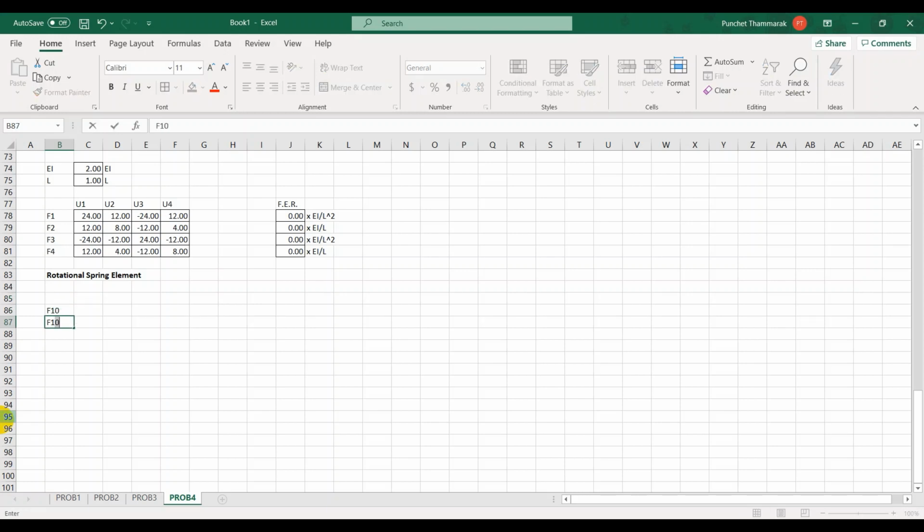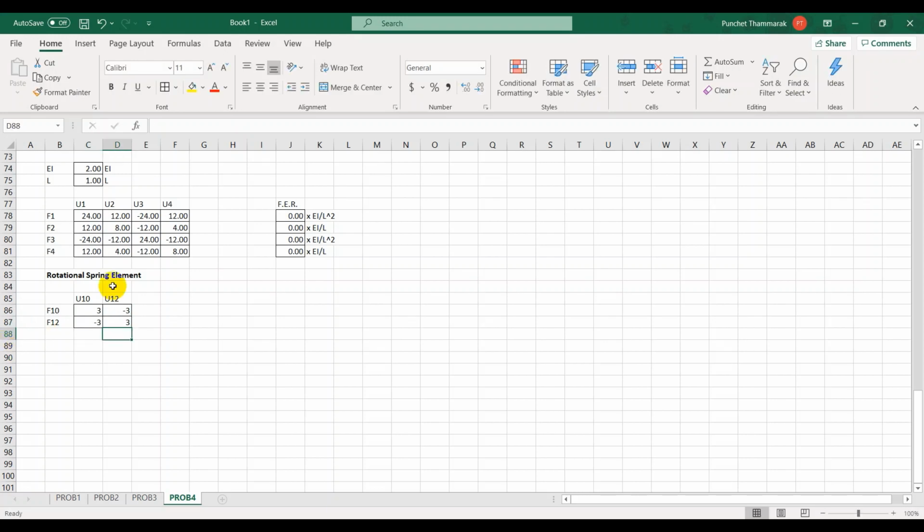F10, F12. I'm gonna go up and make some sort of correction of the number of the degree of freedom up there later. Wait a bit. And U12. So that's 3EI over L, right? So 3, minus 3, minus 3 and 3.